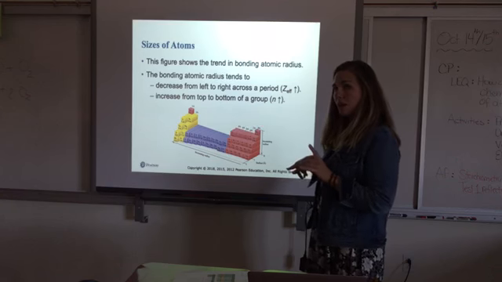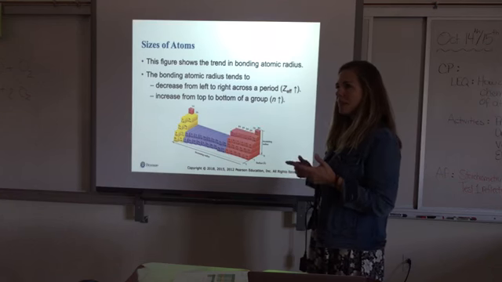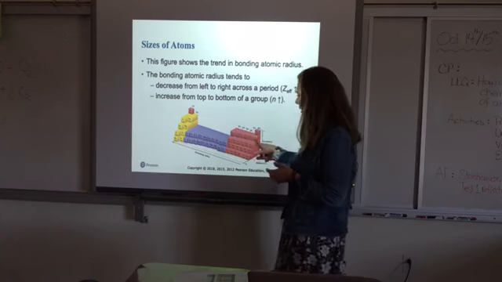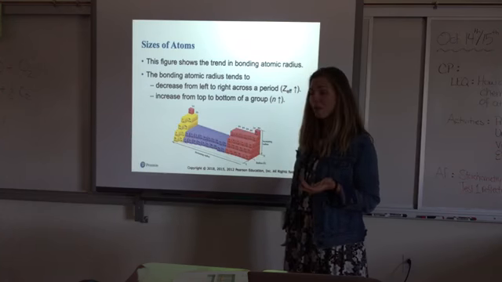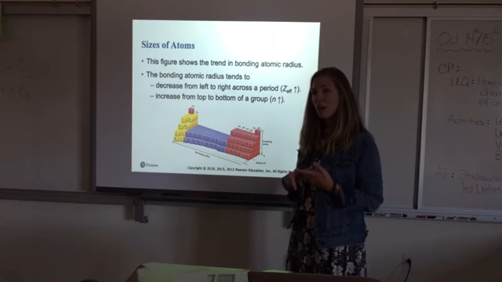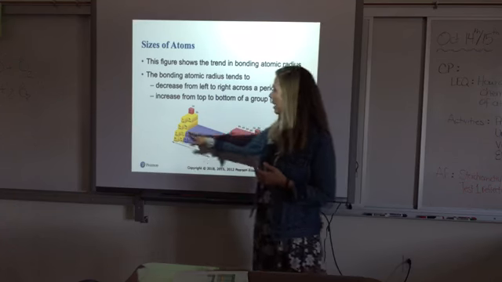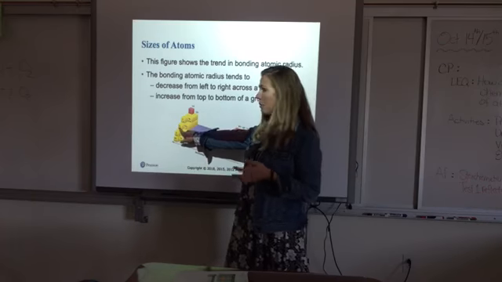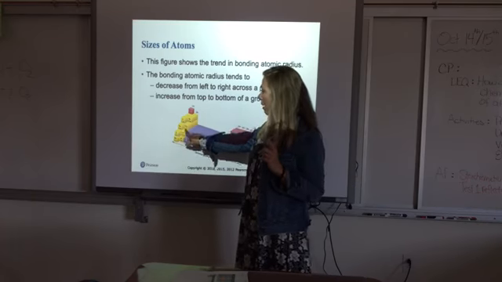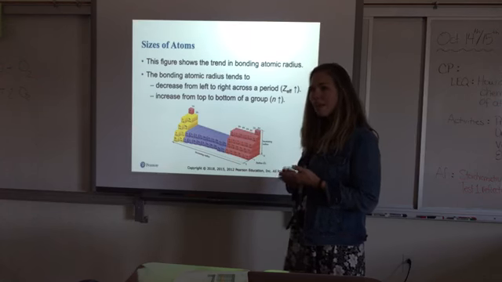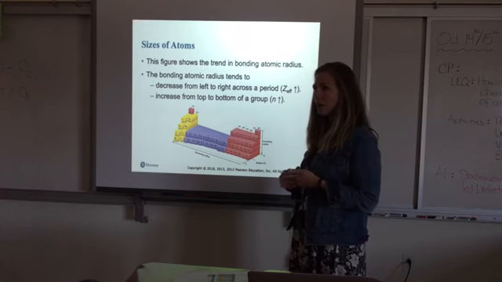Left to right across the periodic table, atomic size decreases, and sometimes people have a hard time understanding why. You have to go back to the concept of nuclear charge. Remember, we talked about sodium and magnesium being next to each other. Sodium has a nuclear charge of +1 and magnesium has a nuclear charge of +2. They both have 10 core electrons.